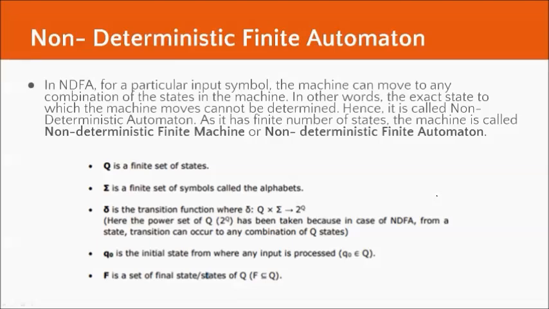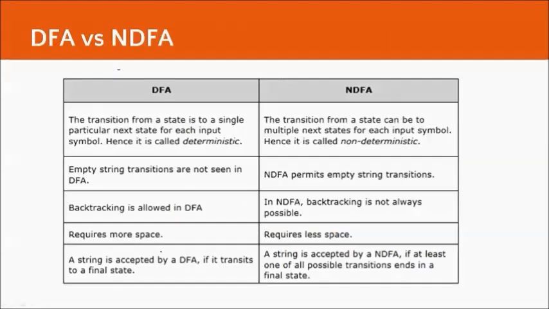Okay? As you can see here at the bottom, we have the same symbols for the non-deterministic. The NDFA or the NFA also uses the 5-tuple notation. We have the states, the input alphabet, the transition function, the initial state, and the final state. So this is the NFA.